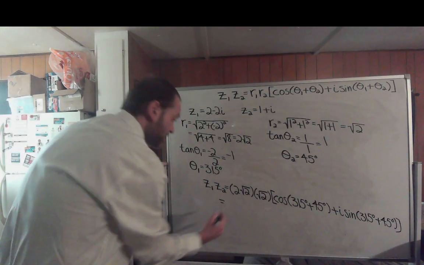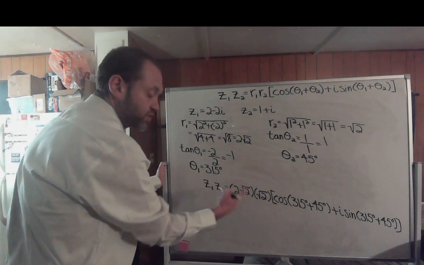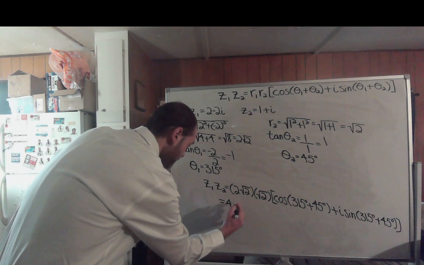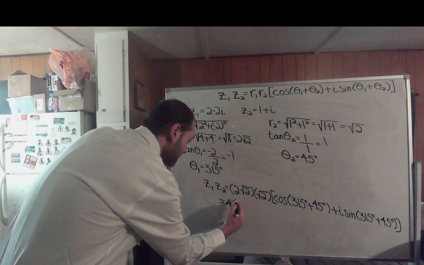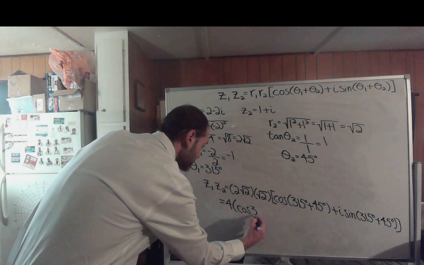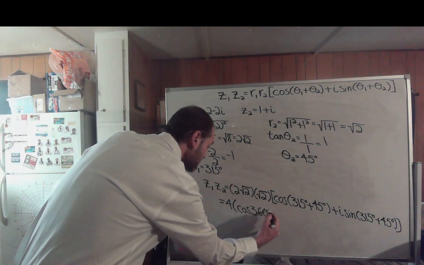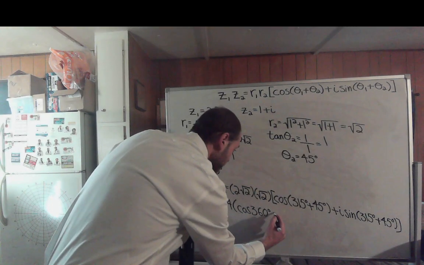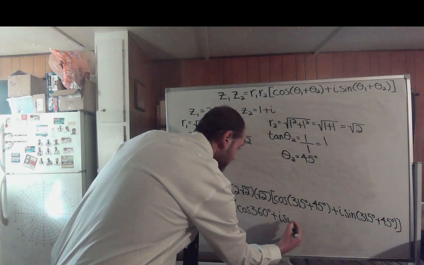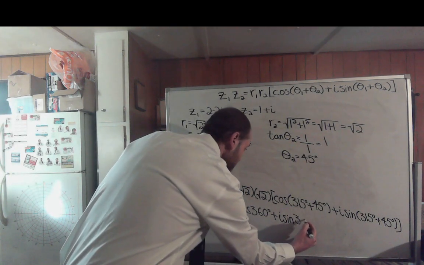which is then going to equal 2 times the square root of 2 times the square root of 2. That would become 4 times the quantity of the cosine of 360 degrees plus i times the sine of 360 degrees.